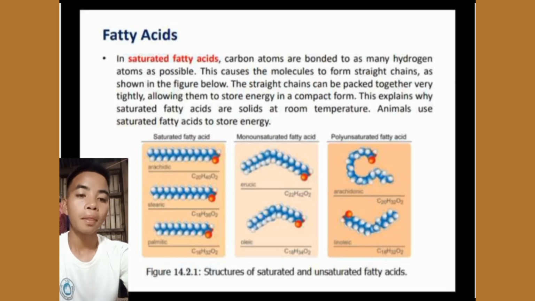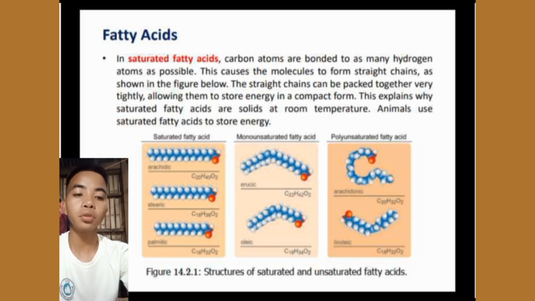So first, saturated fatty acids. Each carbon atom is bonded to as many hydrogen atoms as possible. This gives them a straight chain shape. So the straight chains can pack tightly together, allowing them to store energy efficiently.